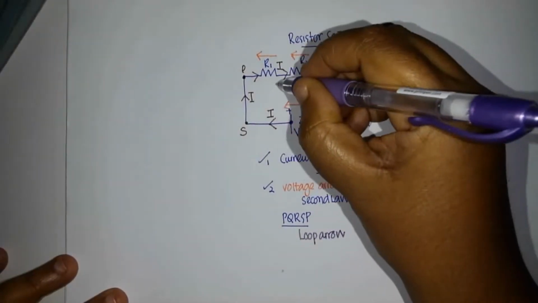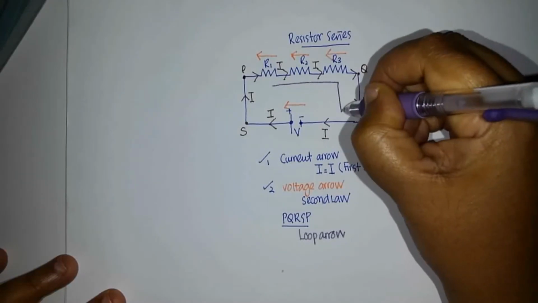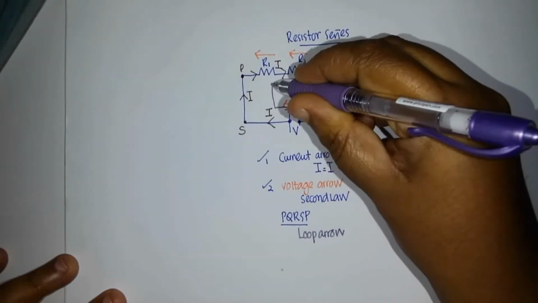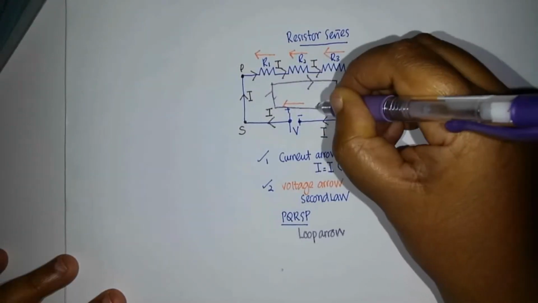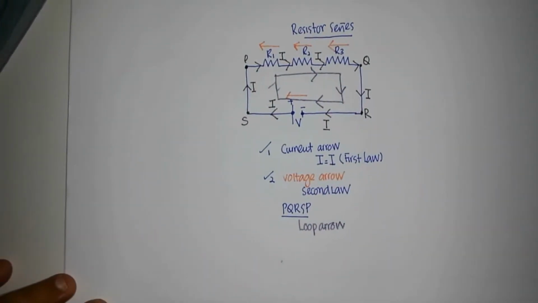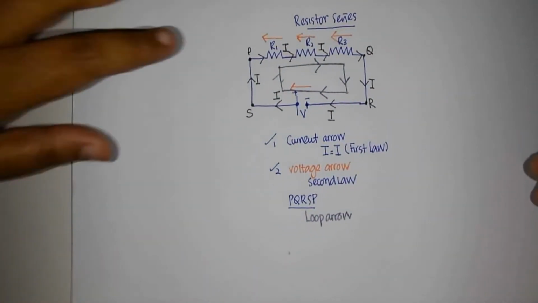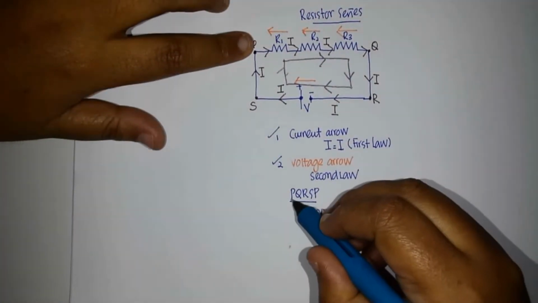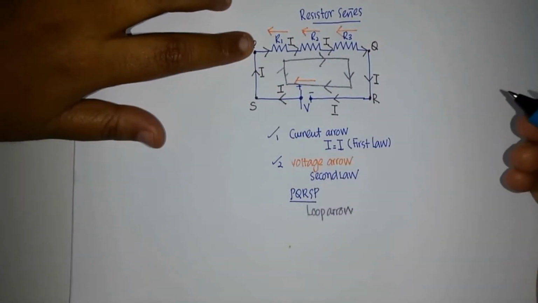So I take P, Q, R, S, P. From the loop arrow, I can start. Since I want to start from P, I choose to start from P.